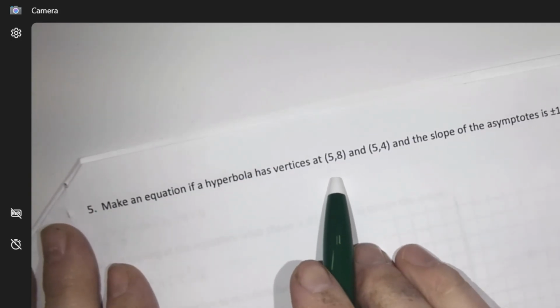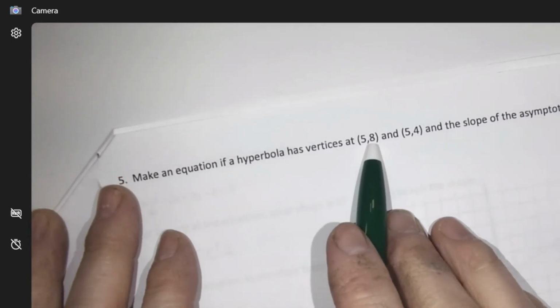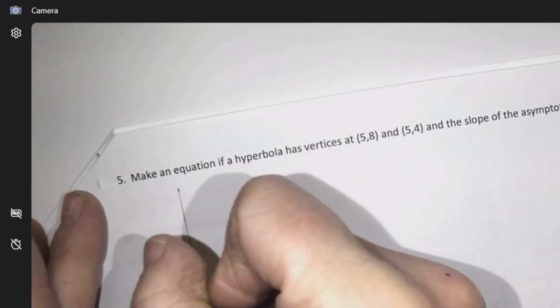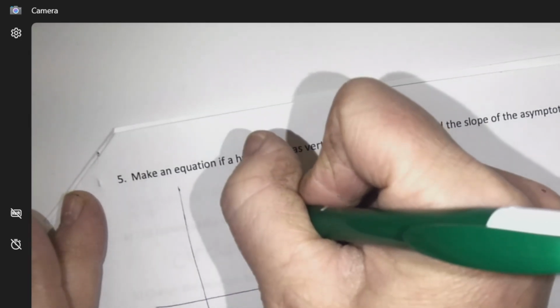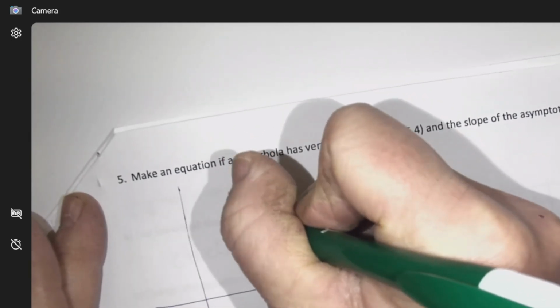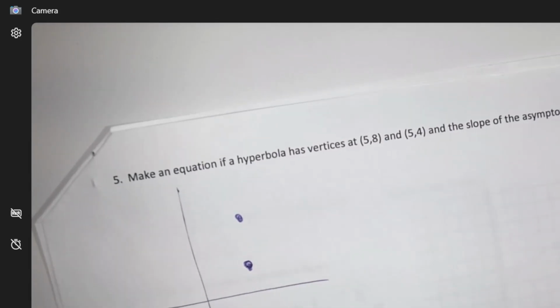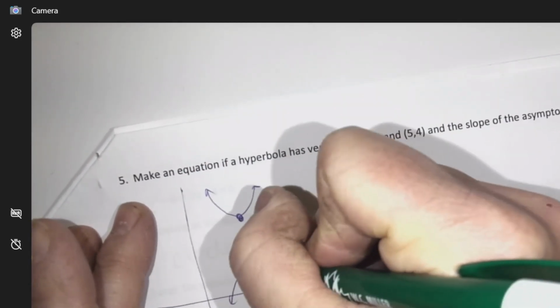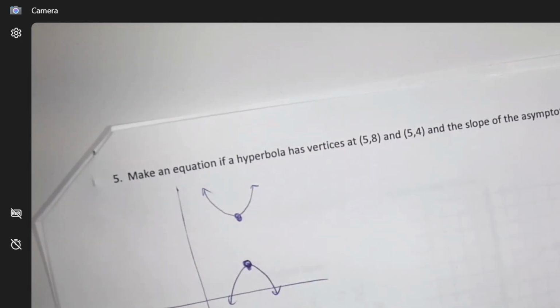Okay, so what do we know? We have a hyperbola with vertices at 5, 8 and 5, 4. If we have vertices, then this is what I know.